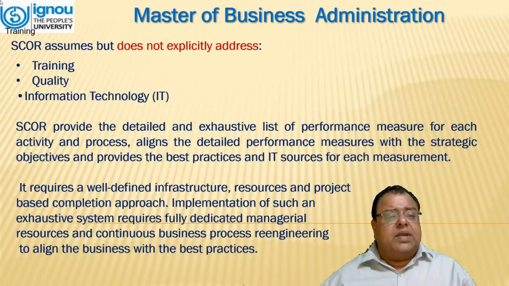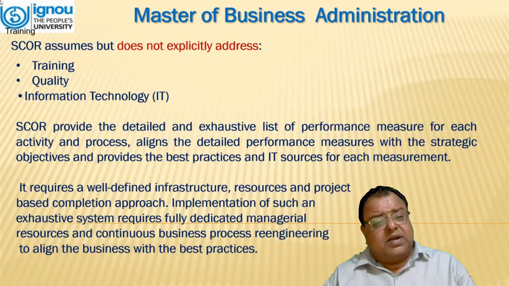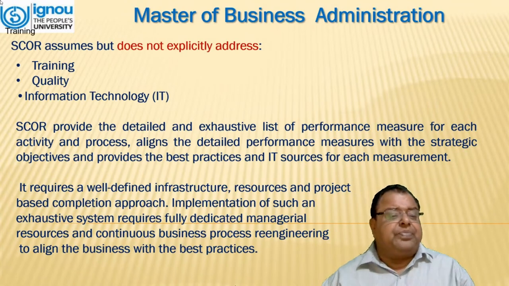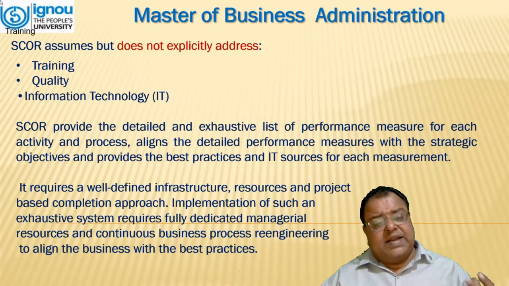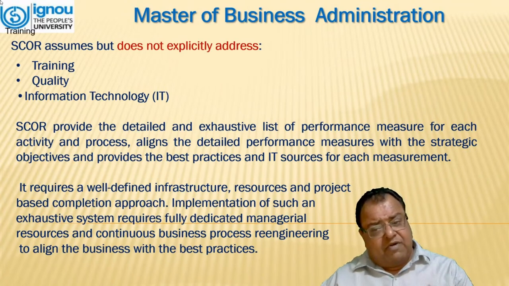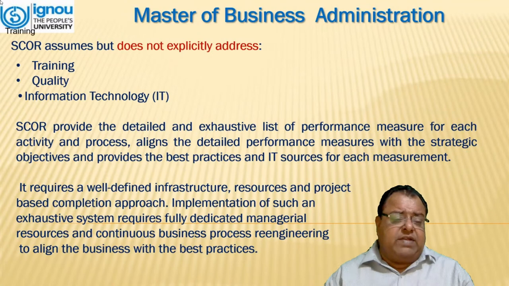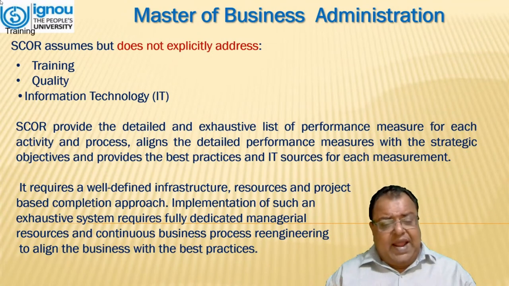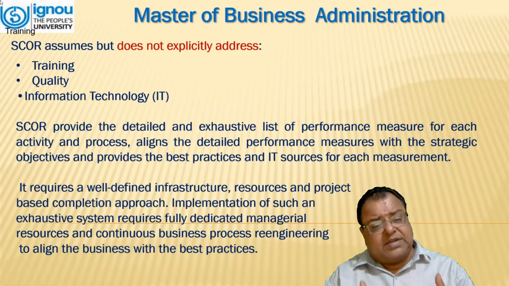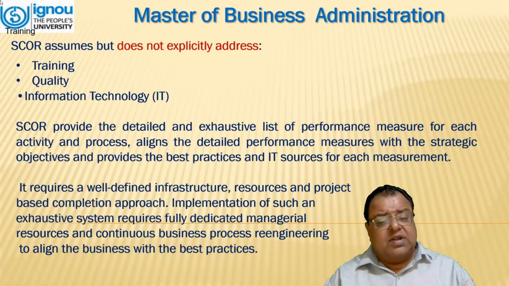SCOR assumes but does not explicitly address training, quality, and information technology. SCOR provides a detailed and exhaustive list of performance measures for each activity and process, aligns the detailed performance measures with the strategic objectives, and provides the best practices and IT sources for each major part.